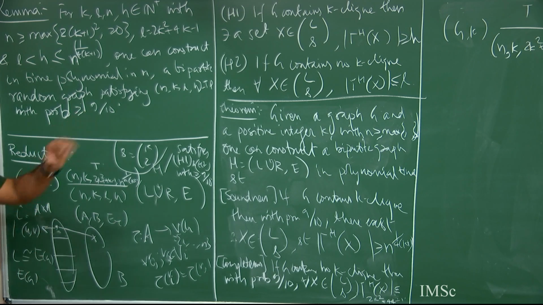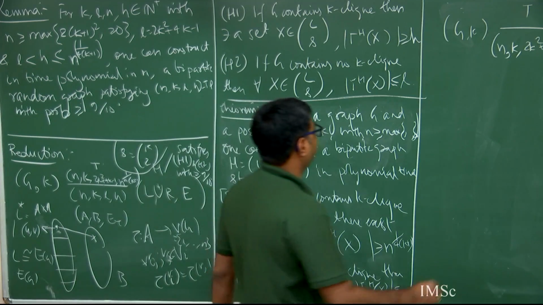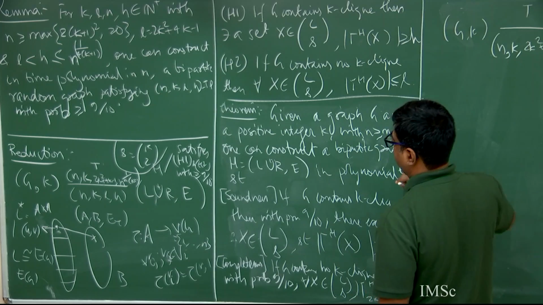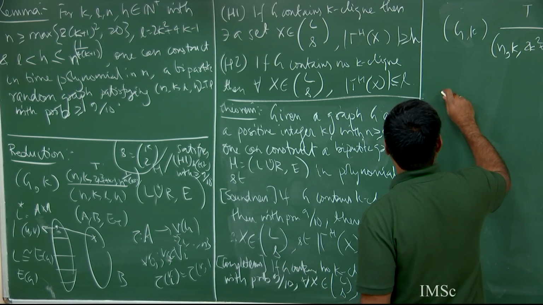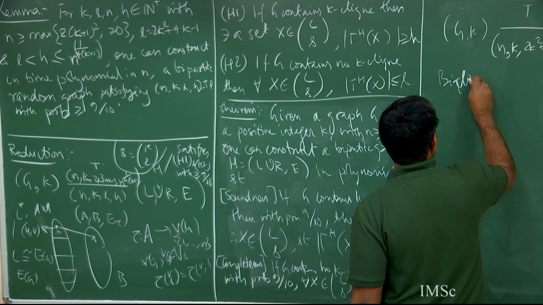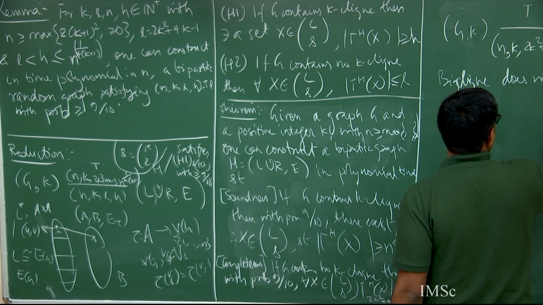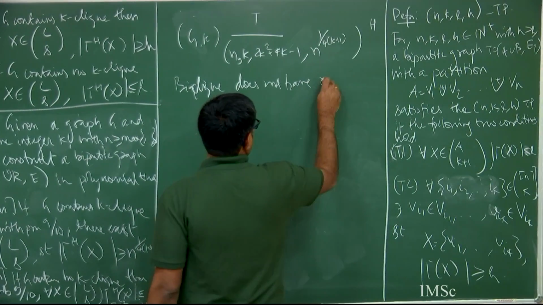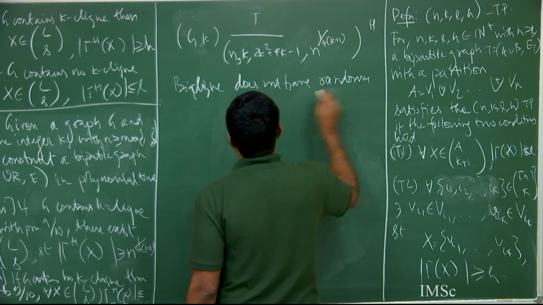If you apply this construction, you get this theorem, and once you get it, you can show at least that bi-click does not have a randomized FPT algorithm.